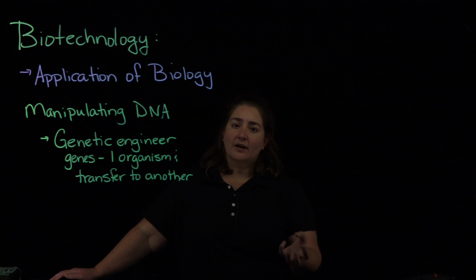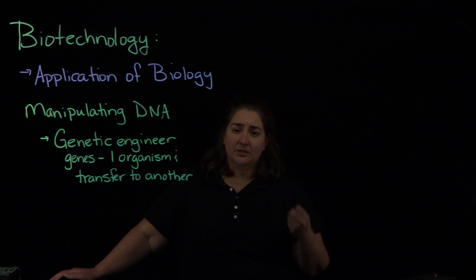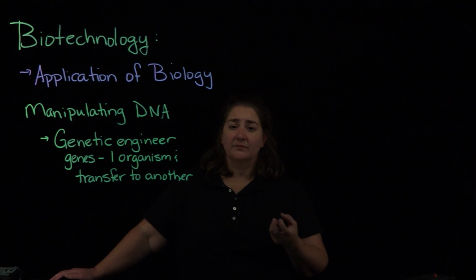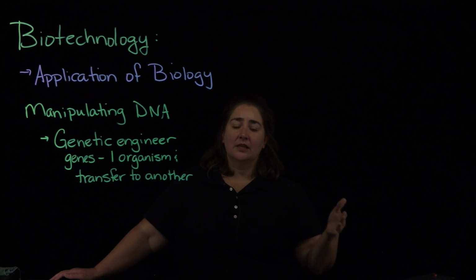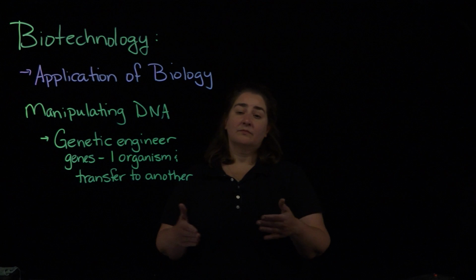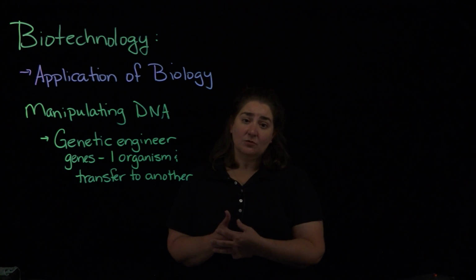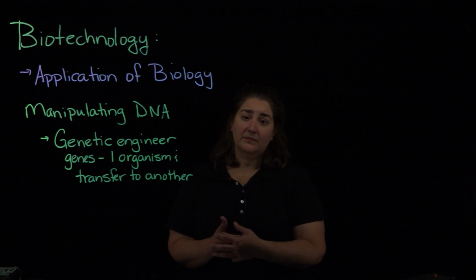So they would go to slaughterhouses, they would pull the pancreas out, they'd chop it up, they'd isolate the insulin. But the problem with that is there was a lot of variation in the amount of insulin they would get from the different tissues that they collected from.